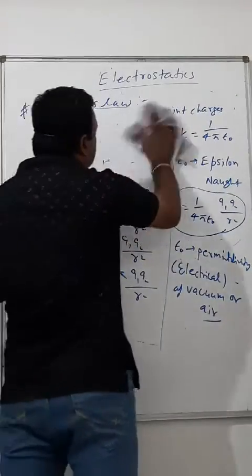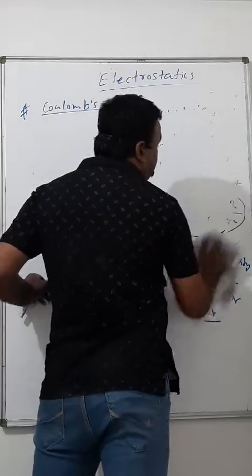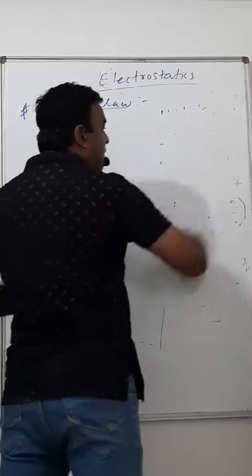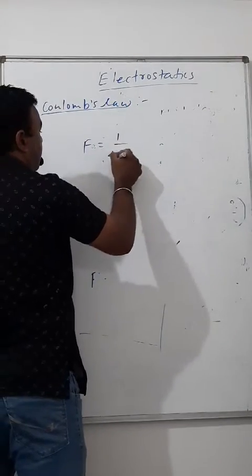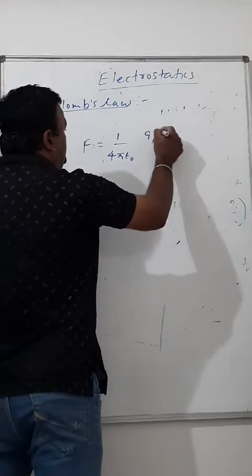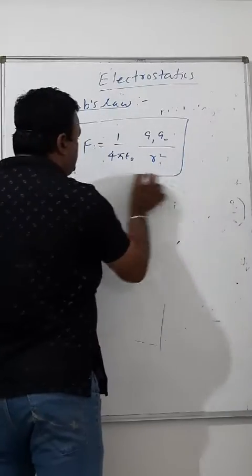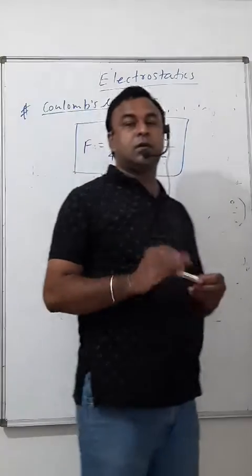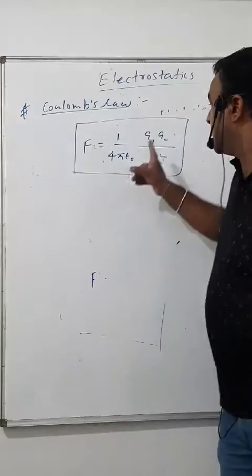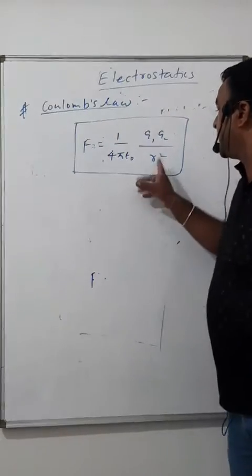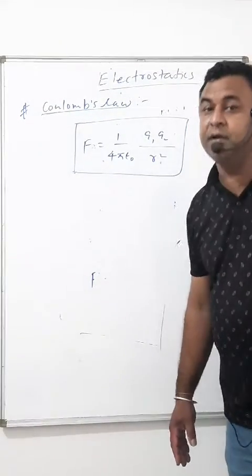Coulomb's law itself says, collectively, F is equal to 1 upon 4 pi epsilon naught q1 q2 by r square. This is the simplest form of Coulomb's law. Between these two charges there is force F, distance r, and epsilon naught, the electrical permittivity of the medium.